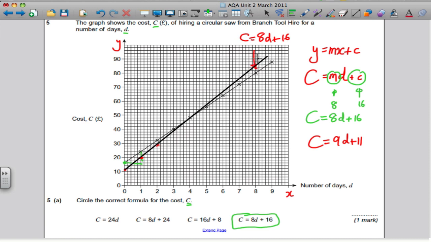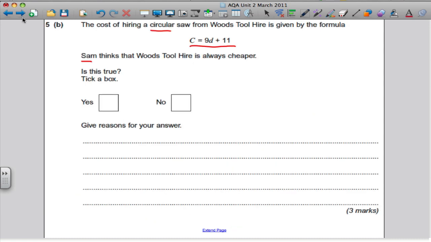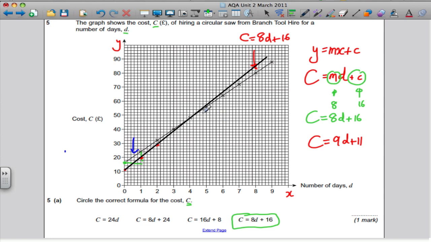Now clearly you can see, is it always true that the cost of this one here, which we said was Branch tool hire, is always more expensive than Woods tool hire? Well, no, it isn't, because after this point here, which is somewhere in the region of like 4 days, it turns out that the Woods tool hire becomes more expensive than Branch tool.